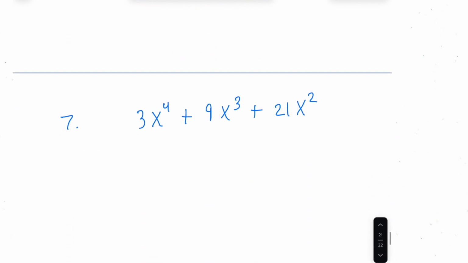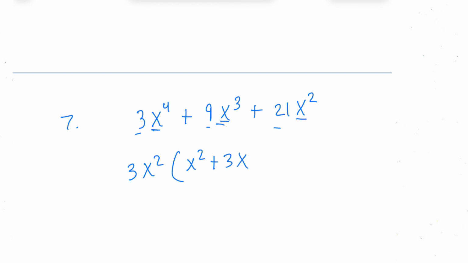So now again, these have more than one common factor. So they all have an x squared in them, at least one time, and they all have a 3. So we can pull out a 3x squared, and that would leave behind x to the power of 2 plus 3x plus, and now we got completely rid of this x squared because we pulled out an x squared, so it would leave behind just 7.